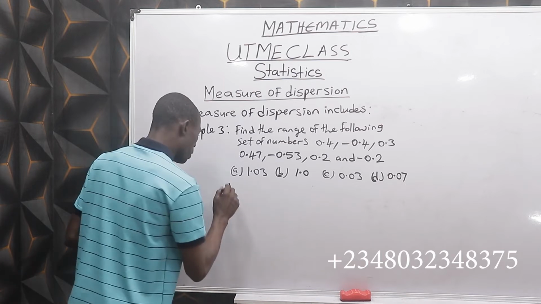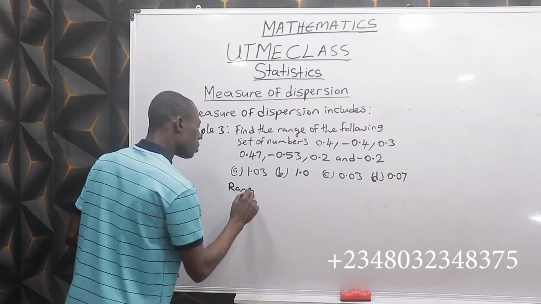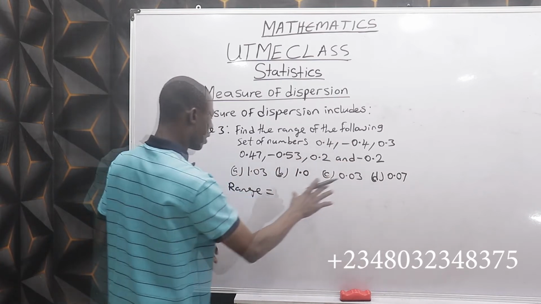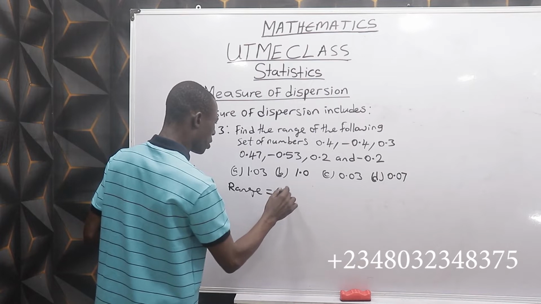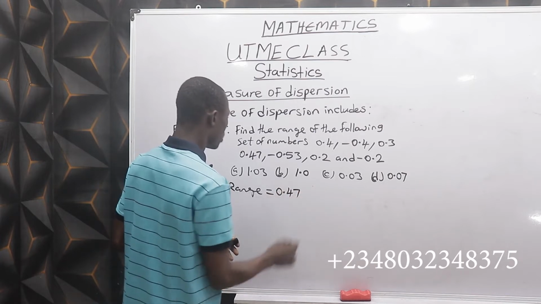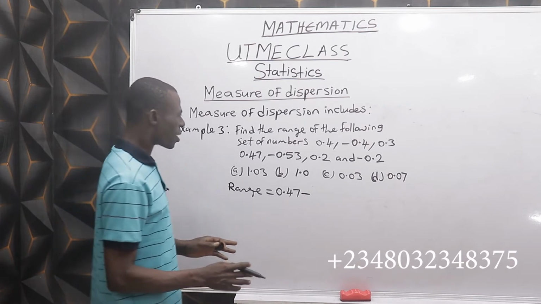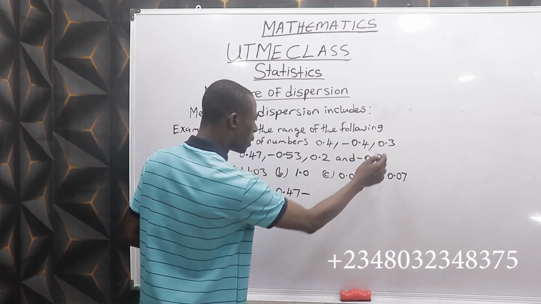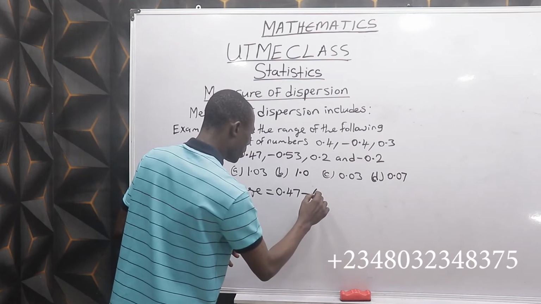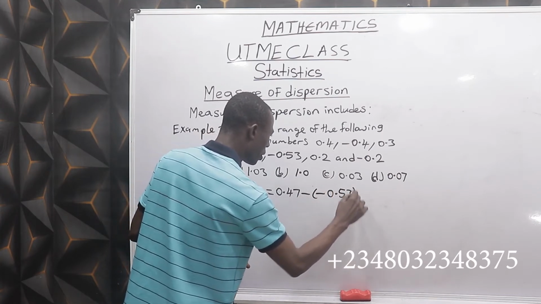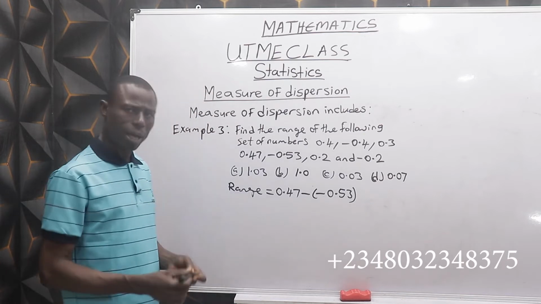Well, range here should be, the highest value here is 0.47 minus the lowest value. The lowest value should be, yes, negative 0.53. You will be asking why.